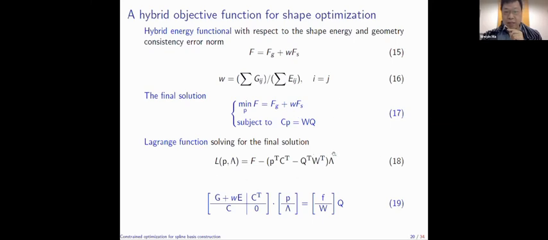Finally, this system you can convert to a linear system using Lagrange functions. So that's the final linear system we have.